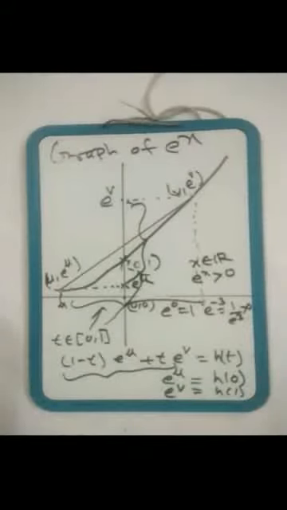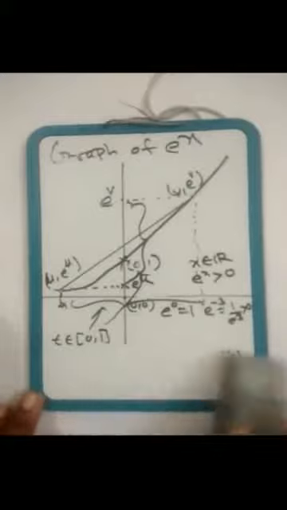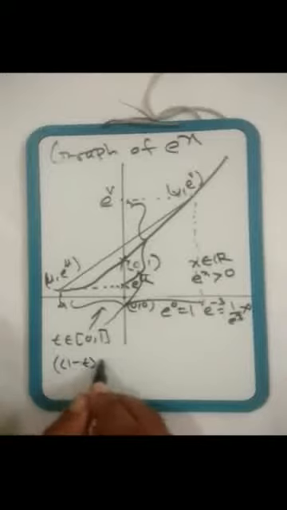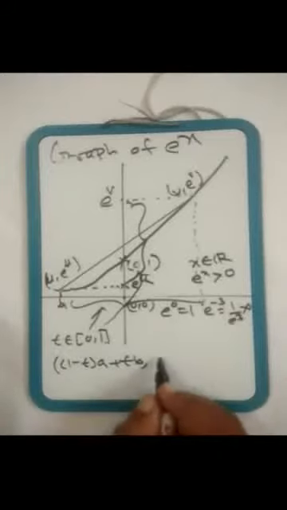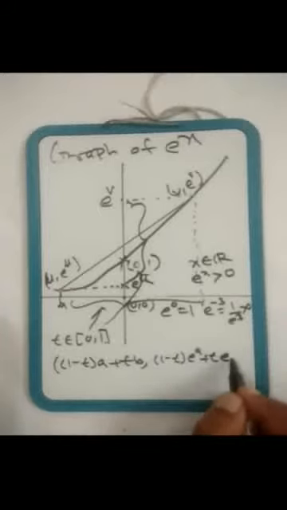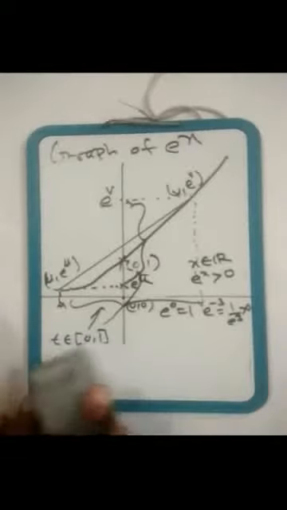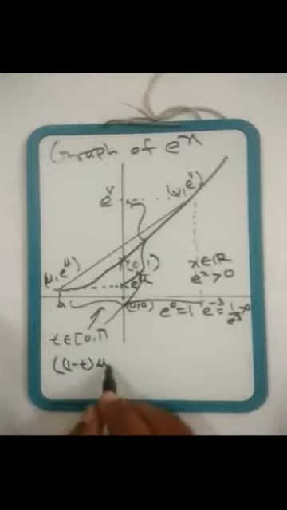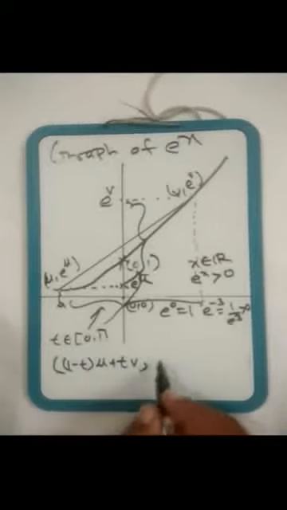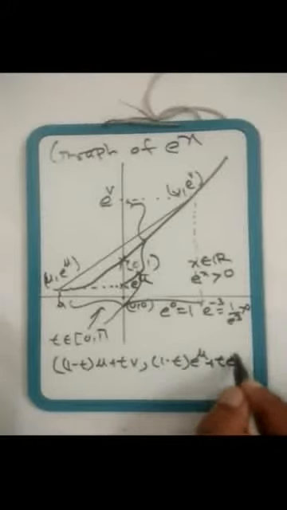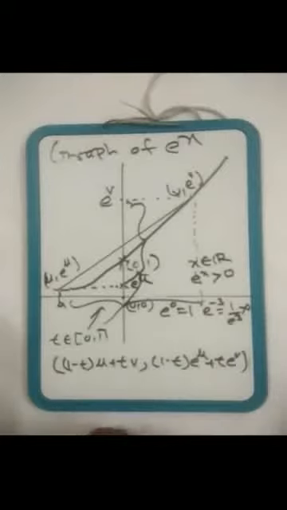So the mapping is 1 minus t u plus t v, comma, 1 minus t e raised to u plus t e raised to v. This maps 0, 1 to 0, 1.